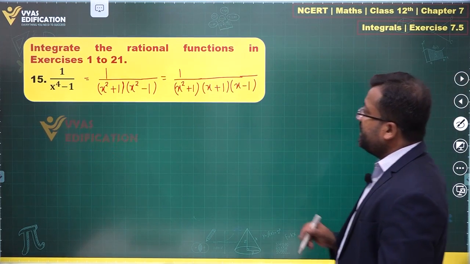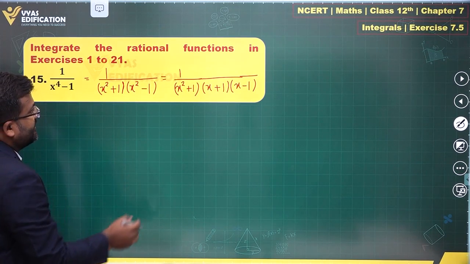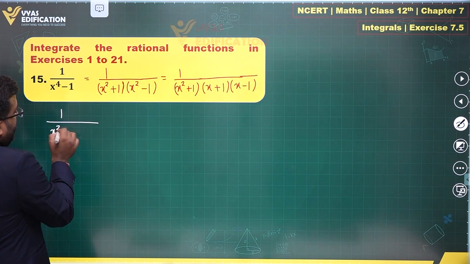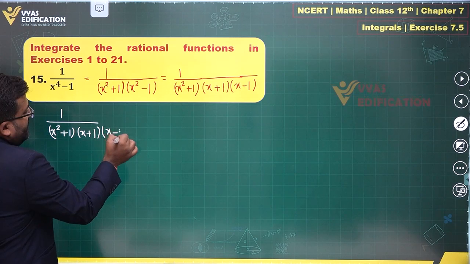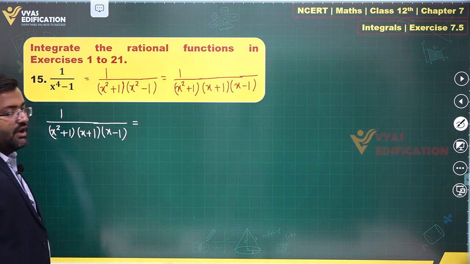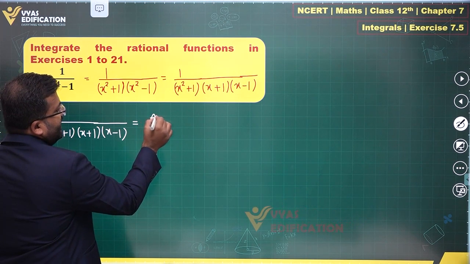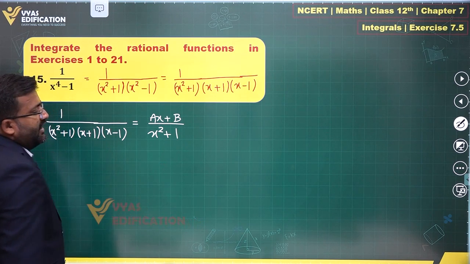Okay. So a similar thing, once again, when we have to write this as partial fractions. So 1 upon x square plus 1, x plus 1, x minus 1. This whole expression will be equal to what? This quadratic will have ax plus b in the numerator, x square plus 1 in the denominator.